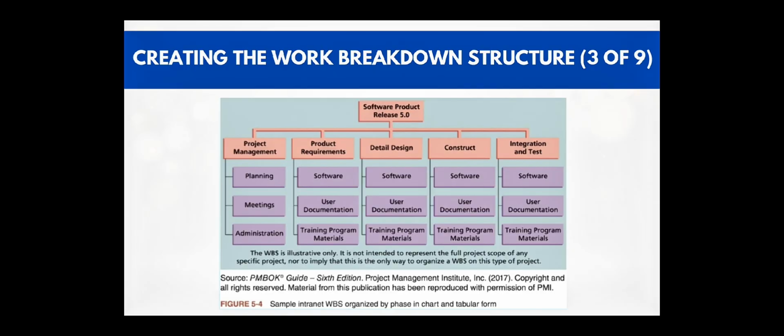Table 5.4 shows this same work breakdown structure in a tabular or list format. This level numbering is based on the Project Management Institute's Practice Standard for Work Breakdown Structures, second edition, in 2006.